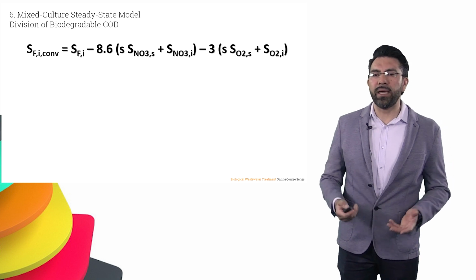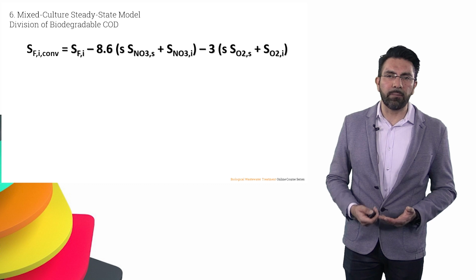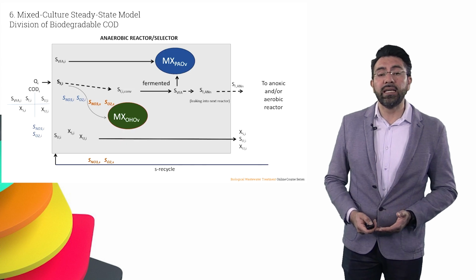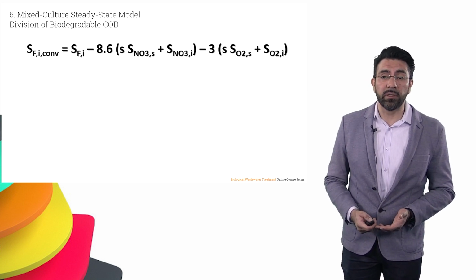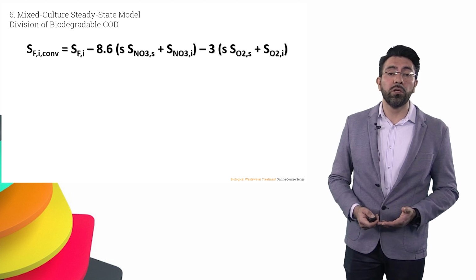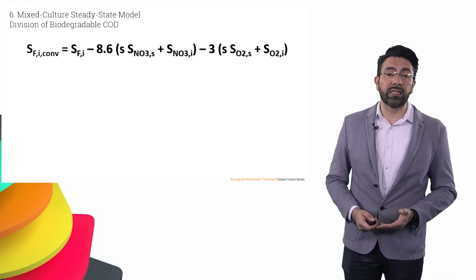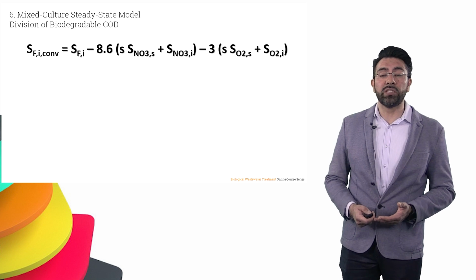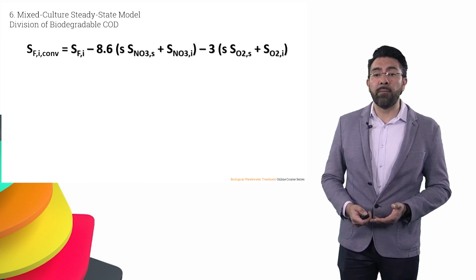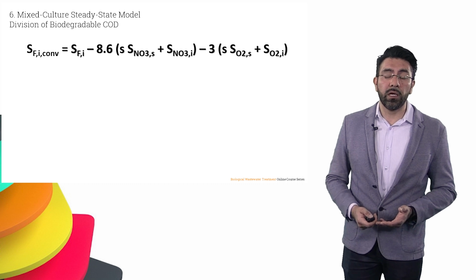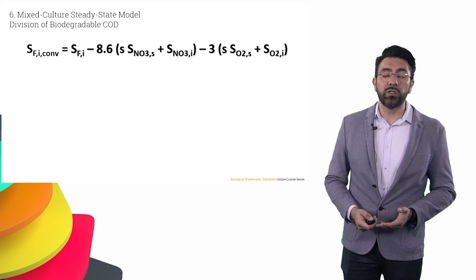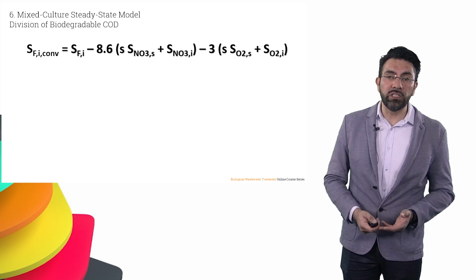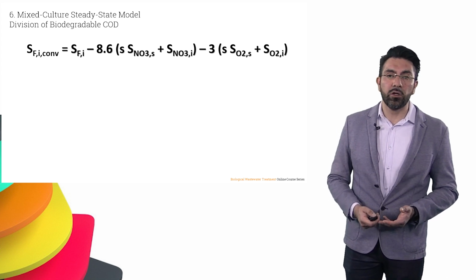So how can we make the estimations of the different amounts of COD that can be fermented? Well, first, as we can see, it's important to estimate how much COD is actually or can be actually fermented in the system. For this purpose, to estimate this amount of COD that can be actually fermented and converted, we take into account the initial concentration of fermentable COD in the influent, and we subtract the amounts of nitrate that could be contributing to this COD removal process, taking into account the amount of COD that the consumption of nitrate will lead to.